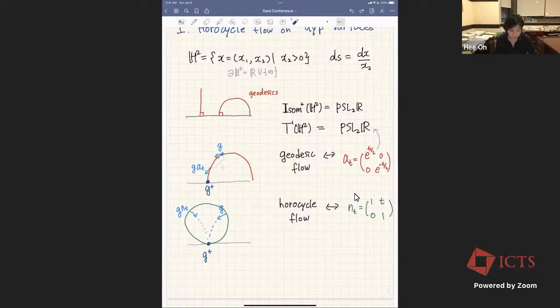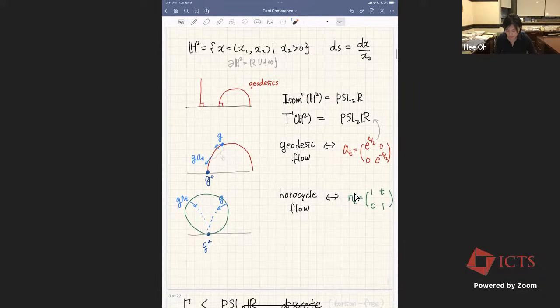And I'm going to also denote by g plus the forward endpoint of the geodesic determined by this tangent vector g. Then g a_t corresponds to a vector which is also tangent to the same geodesic, but at hyperbolic distance t. So g a_t is the geodesic flow: if you flow g by the geodesic flow for time t, this is what we get. It corresponds to the multiplication of g with a_t.